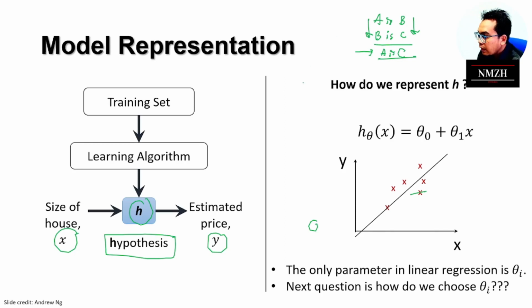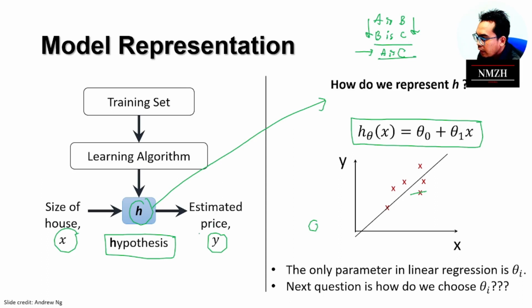In this particular slide, we assume that this h will represent a new equation as hypothesis using x and y data, while x is the training input, y is the output target.